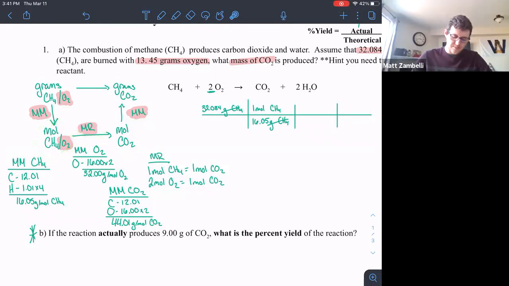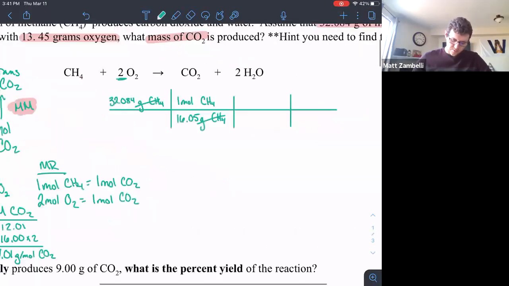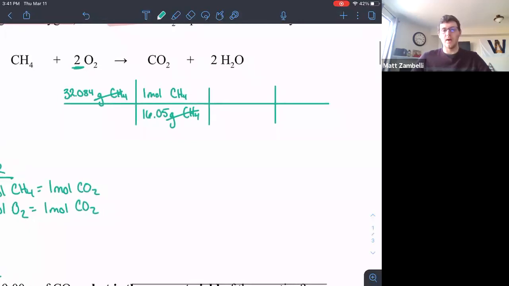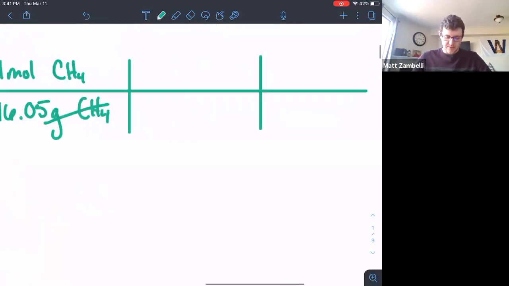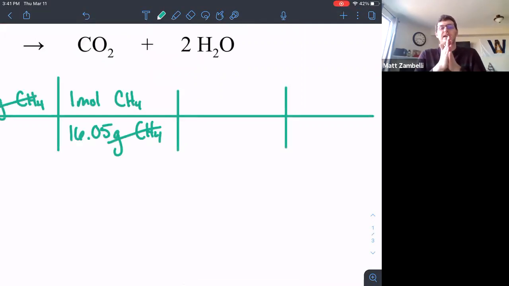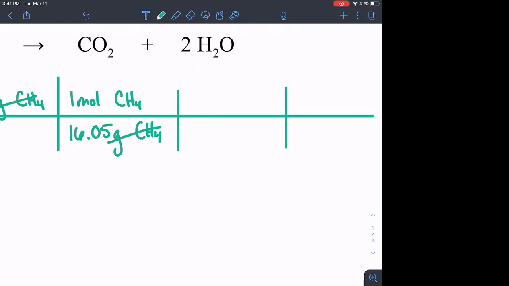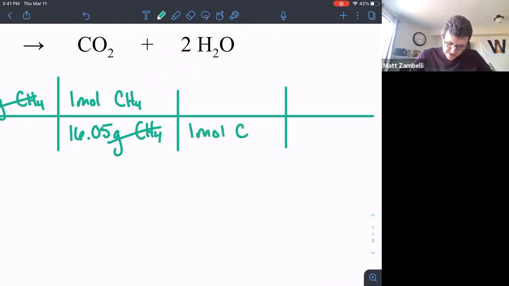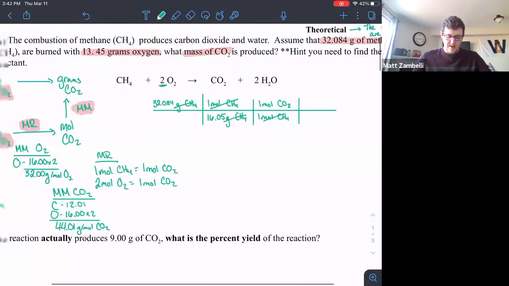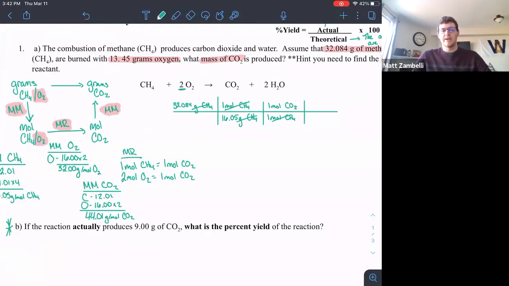We use the mole ratio to get to moles of CO2. So our mole ratio, we have 1 mole of CH4 to 1 mole of CO2. Do I put my 1 mole of CH4 on top or on the bottom? Bottom. On the bottom, we want those moles of CH4 to cancel, which means 1 mole of CO2 goes on top. That way our moles cancel out and we're left with moles of CO2. Once I'm in moles of CO2, what do I do next?